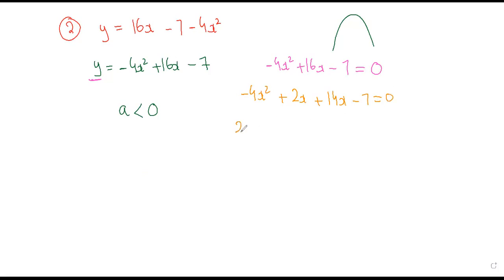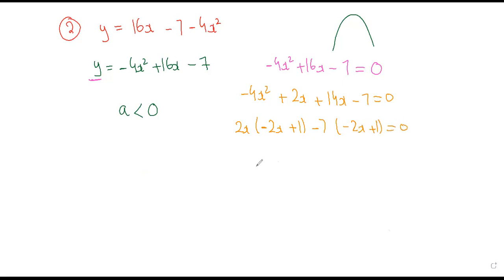Here I can take 2x common. It would give me minus 2x plus 1. And here I can take minus 7 common, sorry. Minus 7. So it would give me minus 2x plus 1 equals 0, right?